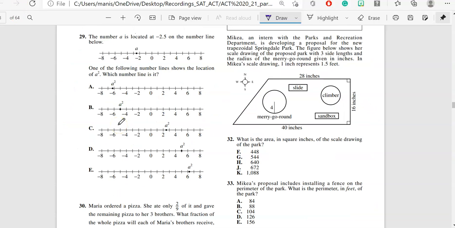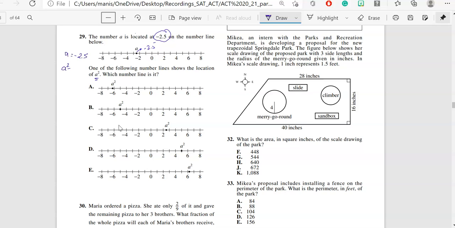Question number 29. The number A is located at negative 2.5 on the number line. So this is the place where you have negative 2.5. One of the following number lines below shows the location of A squared. What number line is this? So in this case, we have been given A as negative 2.5.